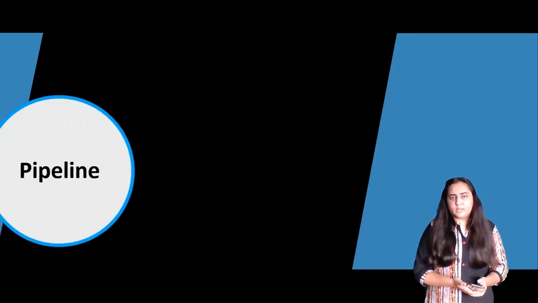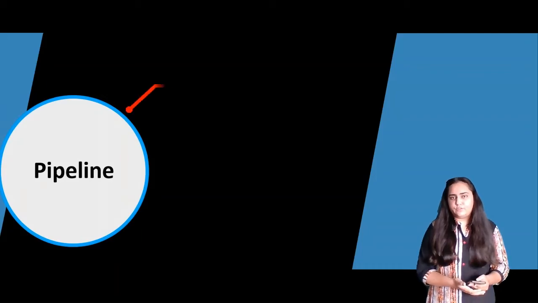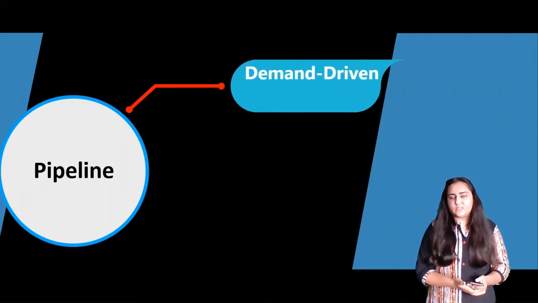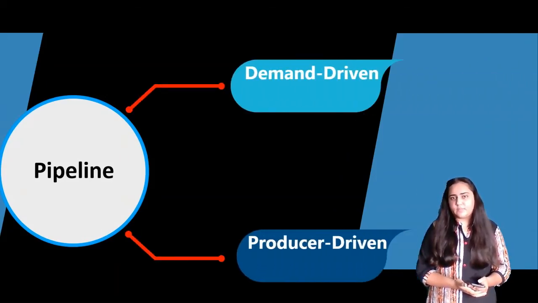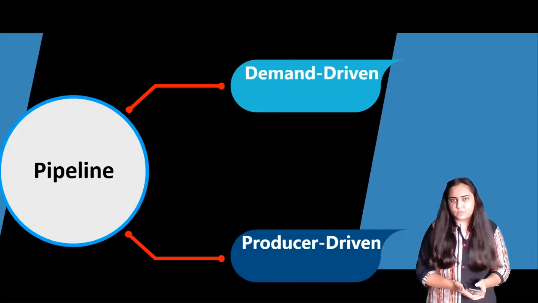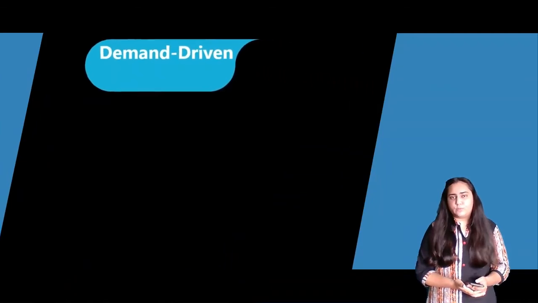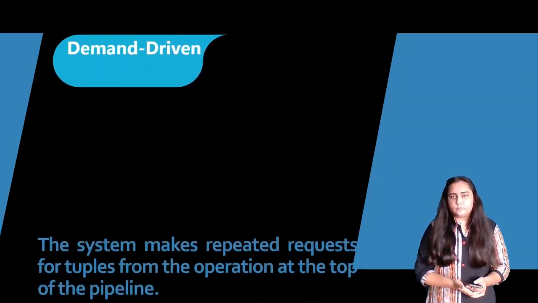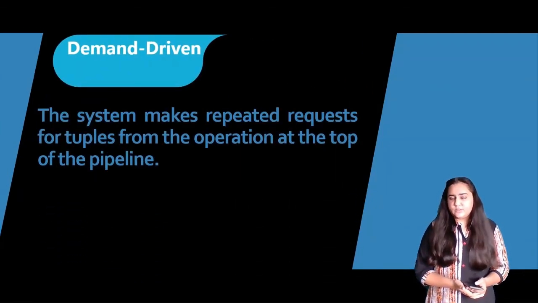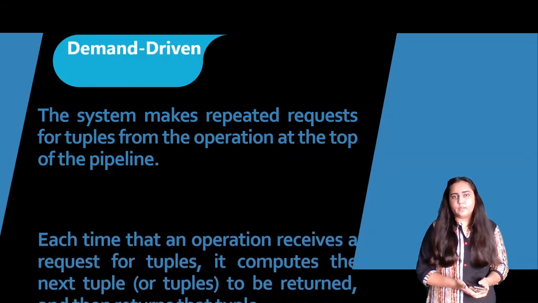Now, pipelining can be done in two different ways. The first way is a demand-driven pipeline, and the second way is a producer-driven pipeline. So let's first take a look at demand-driven pipeline. Here the system makes repeated requests for tuples from the operation at the top of the pipeline.